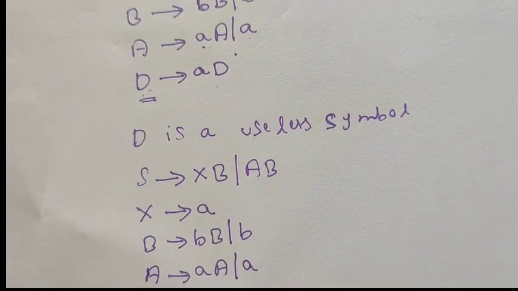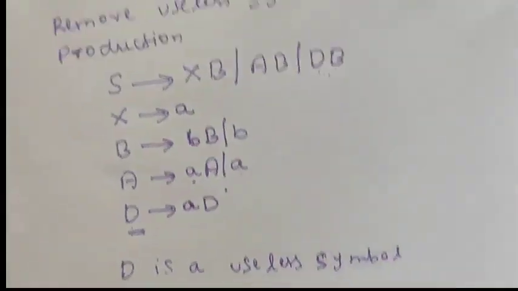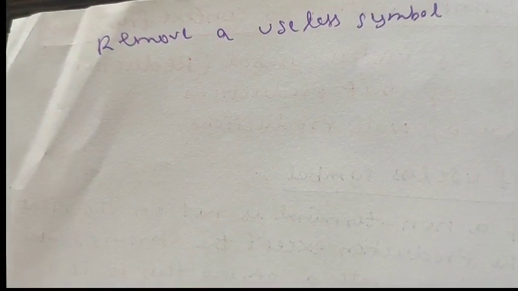Let us take a classic example for this. We will remove a useless symbol here. So how to remove this? Now we will write the productions. S tends to capital X and Y.